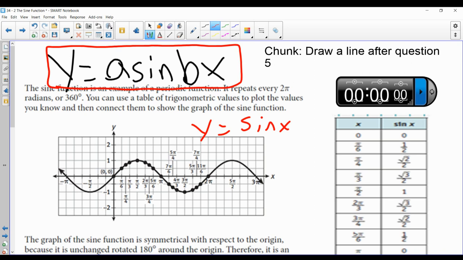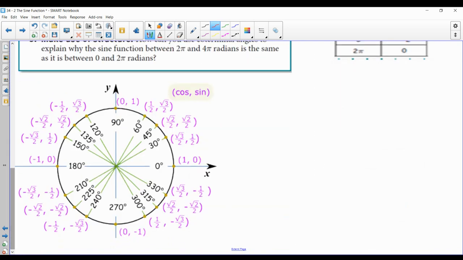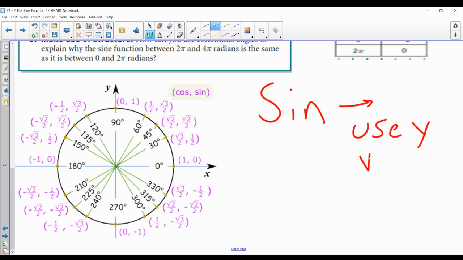Before we can do this, we have to start analyzing the unit circle. Understand, anytime we're dealing with sine in a unit circle, that is just telling us to use y values. Sine applies to the y values of the unit circle.